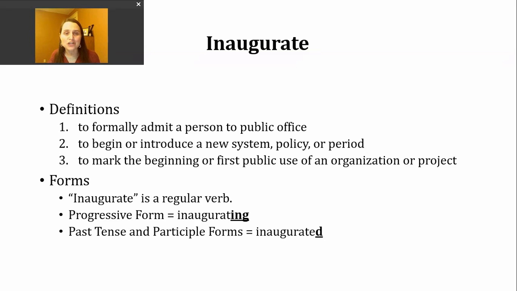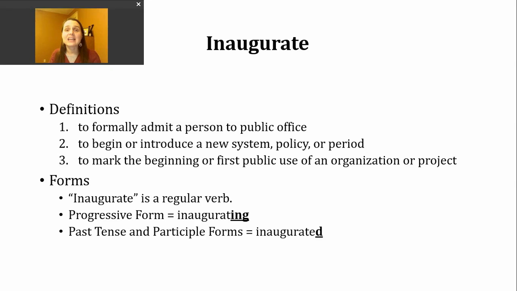You should know that inaugurate is a regular verb. To make the progressive tense, we're going to drop the E and then add ing to form inaugurating. The past tense and participle forms of this verb are made by just adding the letter D since this verb already ends with an E. The base verb, inaugurate, ends with a T sound, so our past tense ending is going to make an id sound.